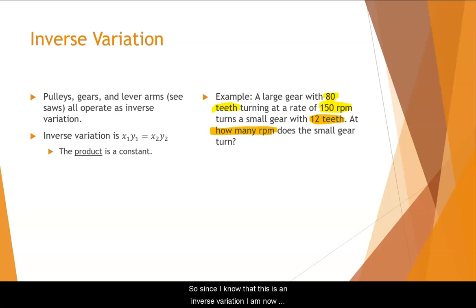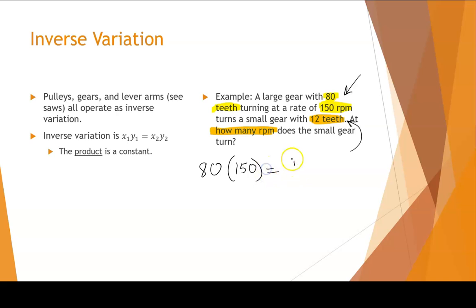So since I know that this is an inverse variation, I am now going to take the product of those numbers in my first situation and set it equal to the product of numbers in my second situation. That looks like 80 times 150 equals 12. We'll use x this time for the RPM of the small gear.